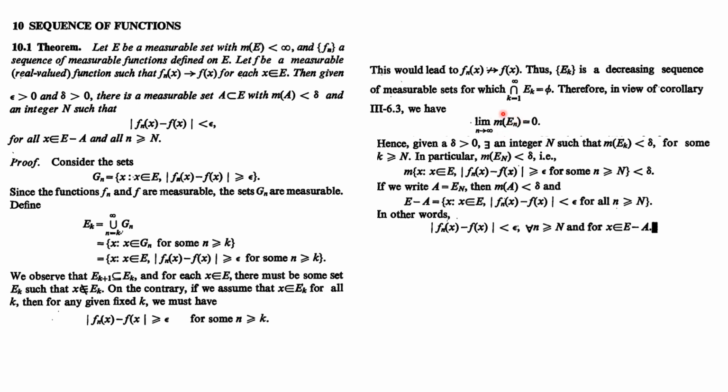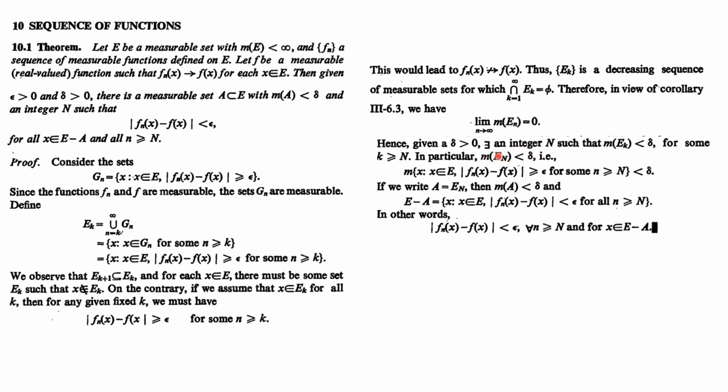If this limit is 0, it means this minus this is less than delta for some k greater than or equal to N. In particular, if we choose k to be capital N, then the measure of EN is less than delta. Call this set EN as A. So first we get a subset of E with measure of A less than delta.